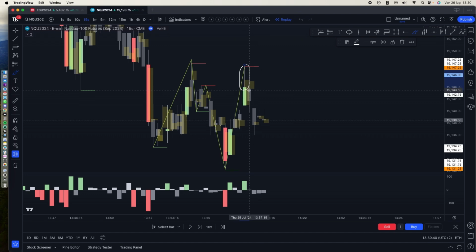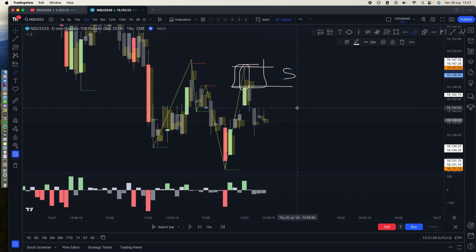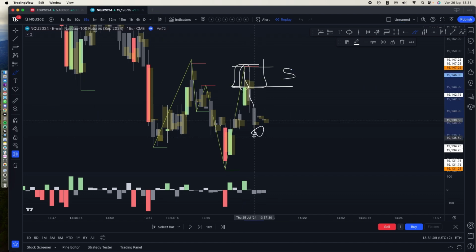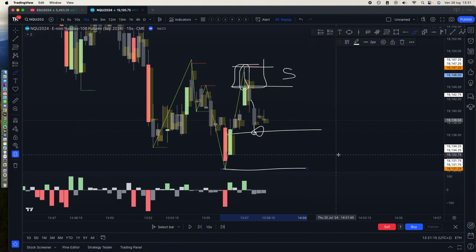Okay, so what does it mean? If you have a footprint, you can easily see it: we have huge pressure on the wick. It means that in this area we have a lot of seller pressure, which will push my price to the recent supply zone.